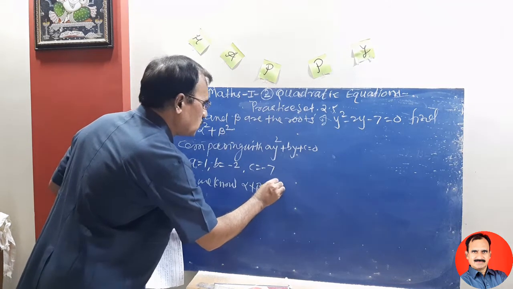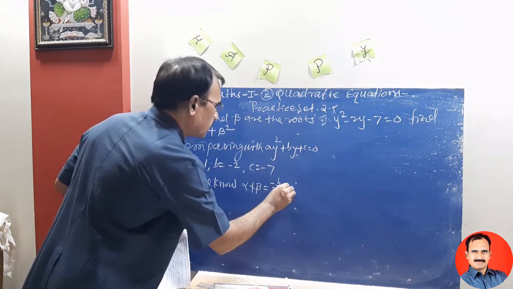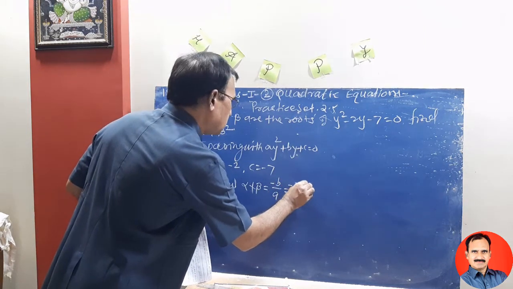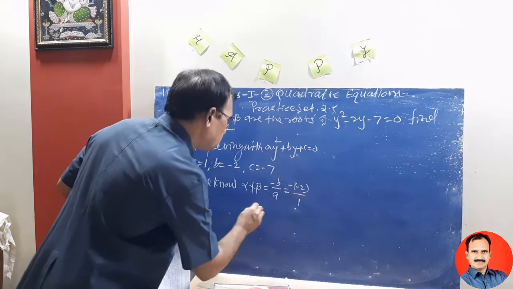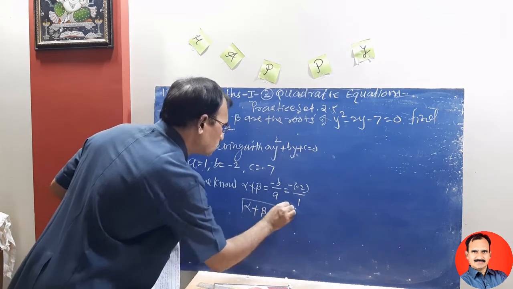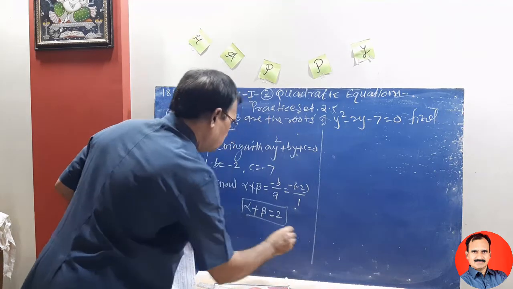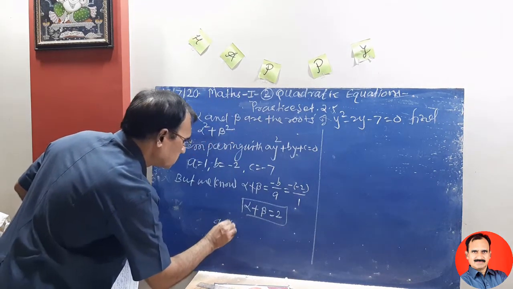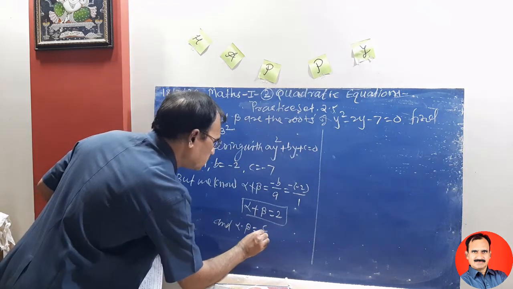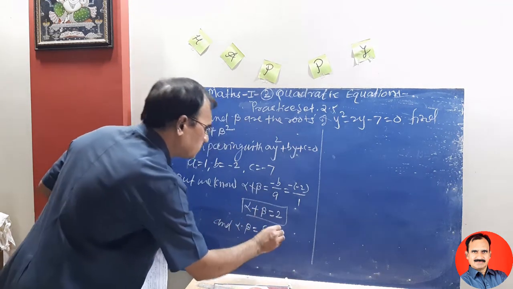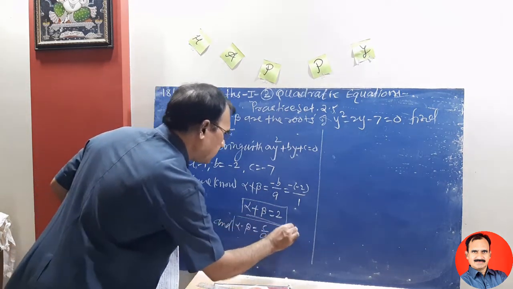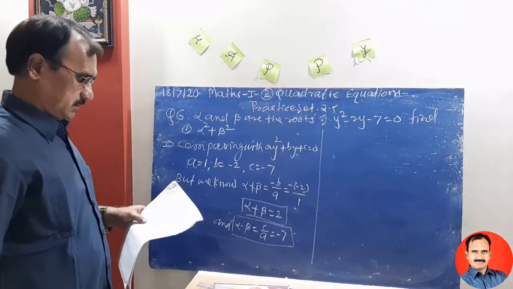Alpha plus beta is equal to minus b upon a, which is minus in bracket minus 2 over a is 1, that is alpha plus beta is equal to 2, and alpha into beta is c upon a, which is minus 7 upon 1, that is alpha into beta is minus 7.